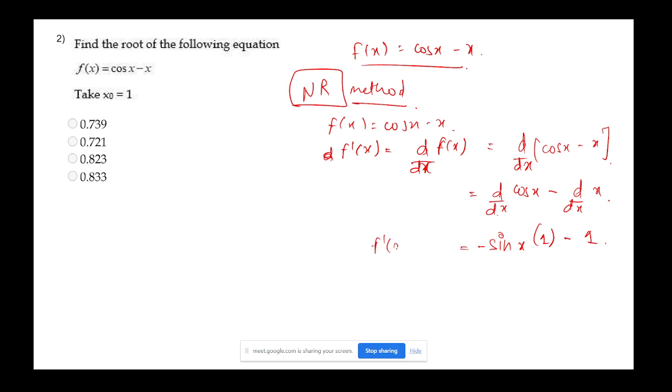So f dash x is equal to minus sin x minus 1.